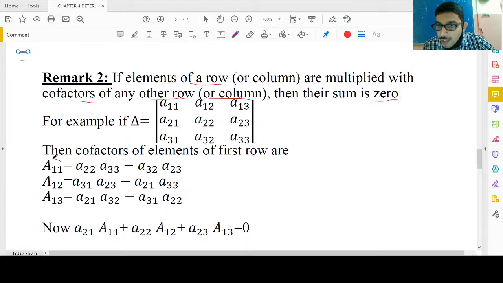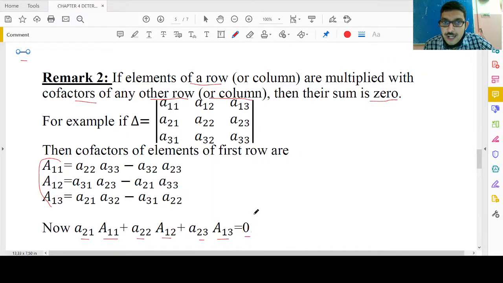These are the cofactors of the first row elements a11, a12, a13. Now suppose we multiply the cofactors of the first row with the corresponding elements of the second row, a21, a22, a23, then the sum of those products will be equal to 0.